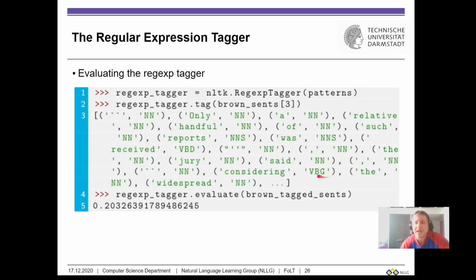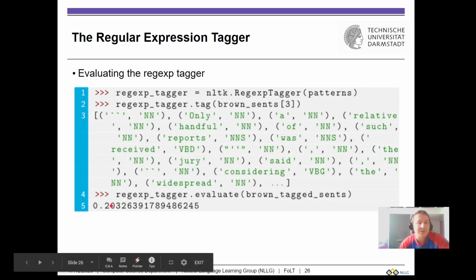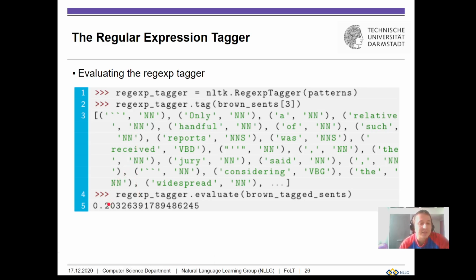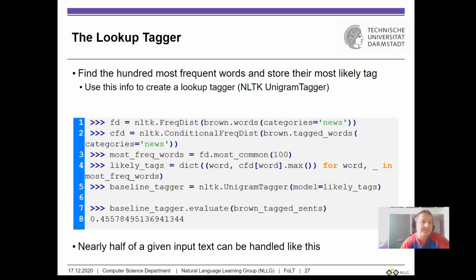Down here it's getting something correct, like this is a verb in gerund, so that seems to be correct, but most other things don't seem to be correct. Then if we evaluate the accuracy, we are unsurprised, given this example, that the accuracy has gone up only a little bit, from 30% to 20%.